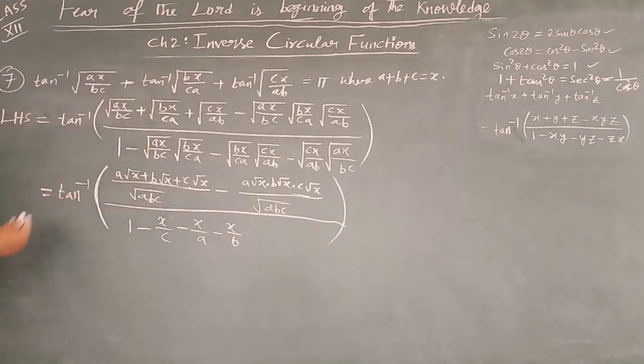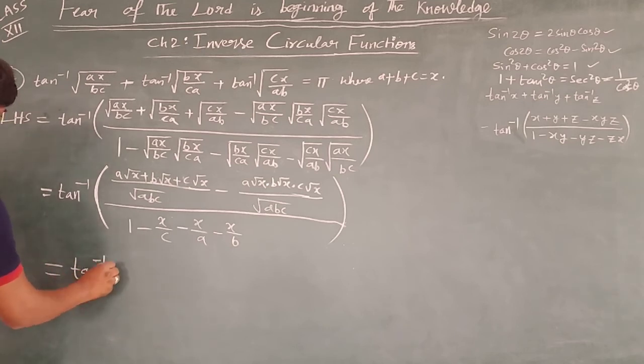And still, if we want to simplify here, what can we take common? Root x we can take common. And here the total LCM is going to be root abc. So what are we going to solve from this? Let me write whatever is possible. Tan inverse.